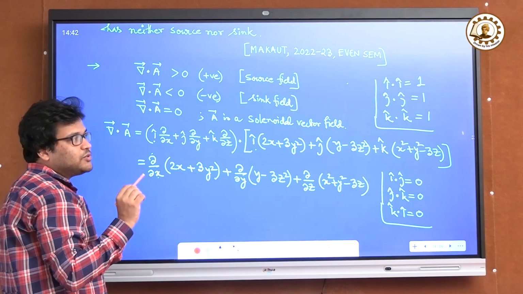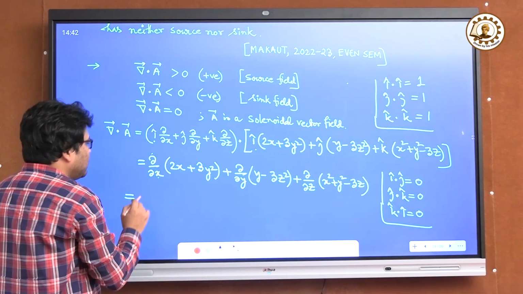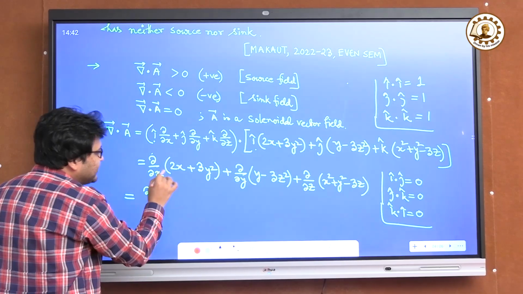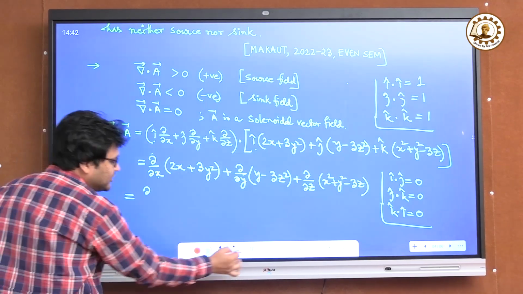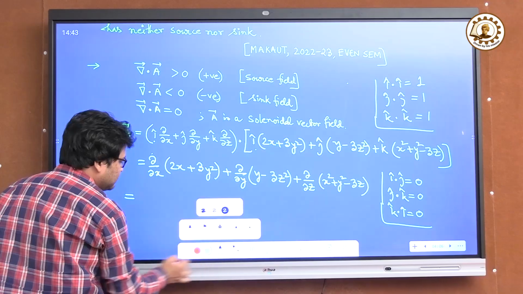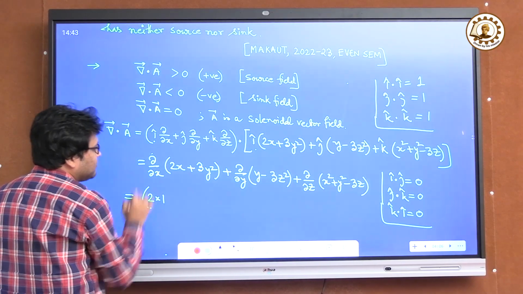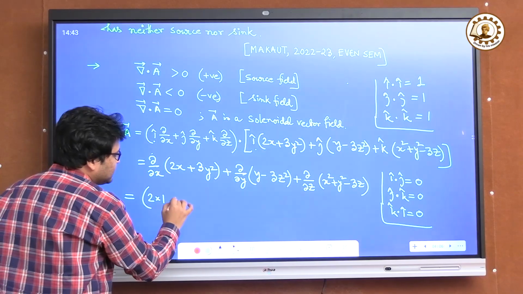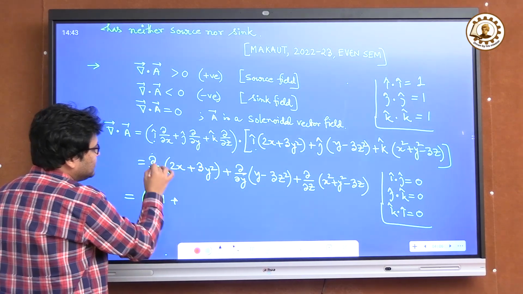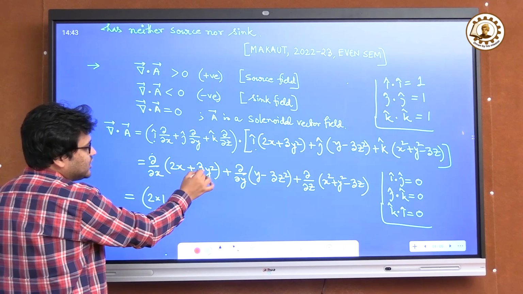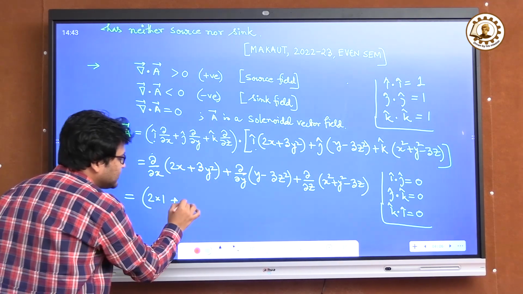Only those terms which contain x will be non-zero. So we have del del x acting on 2x, that results in 2 into 1. Plus, when we operate del del x on the term 3y square, it simply becomes 0.